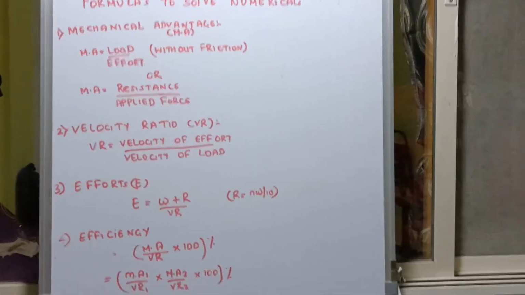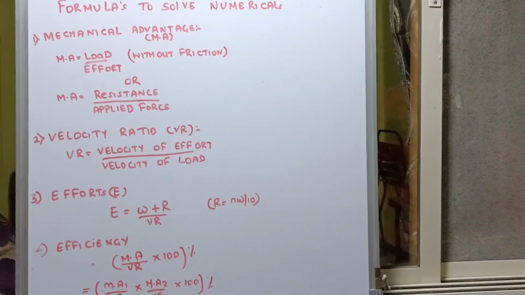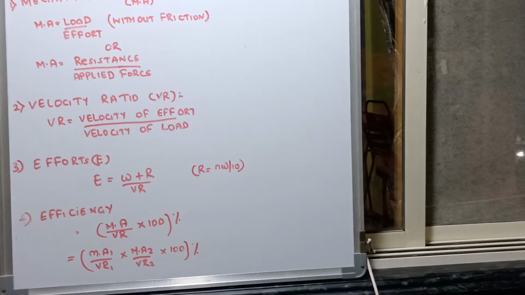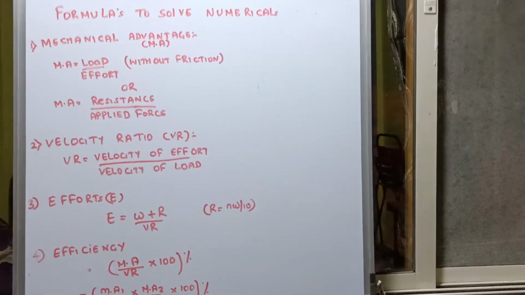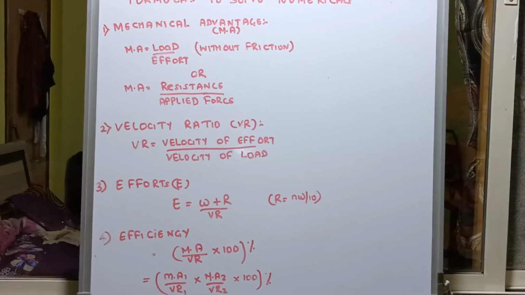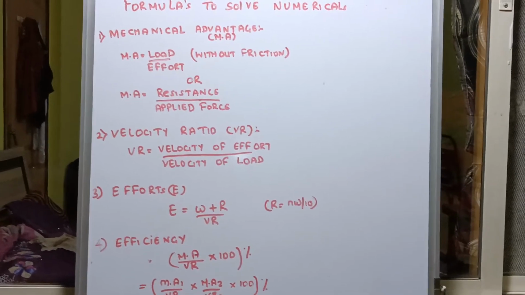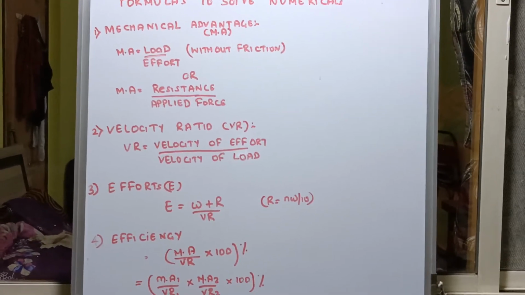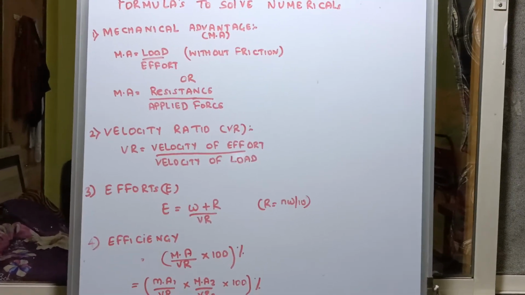Number two, velocity ratio, also denoted by VR. It is the ratio of velocity of effort to the velocity of load.